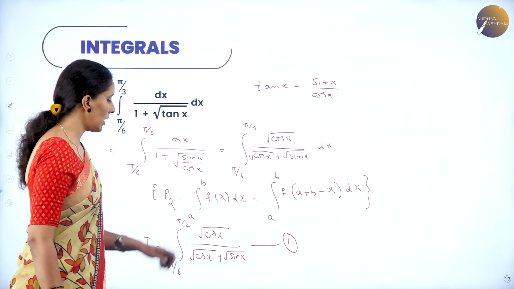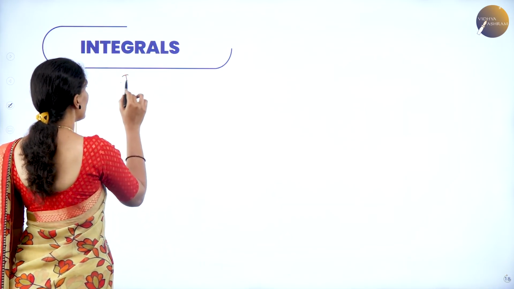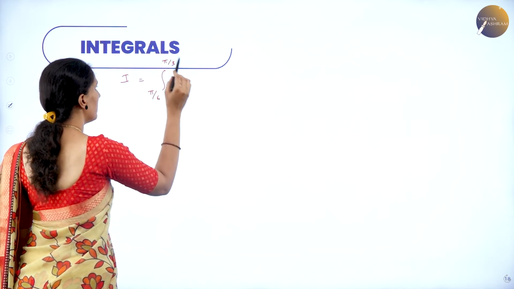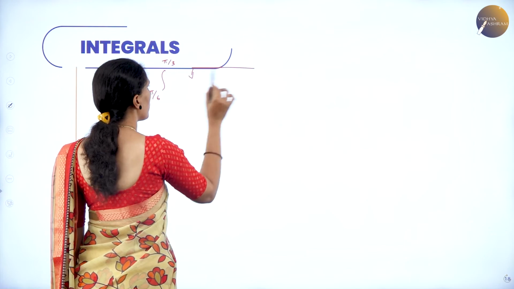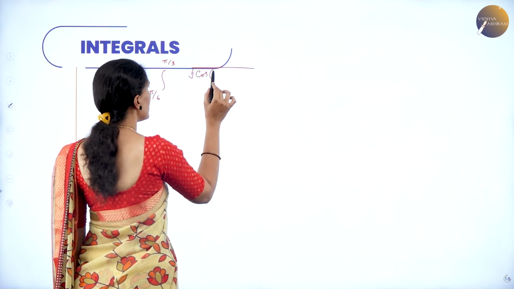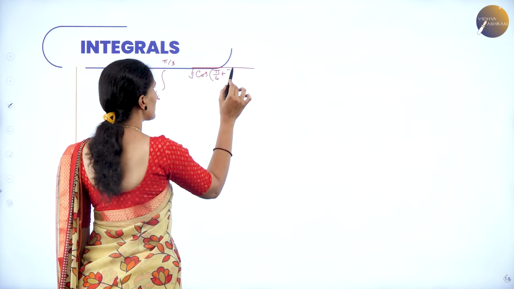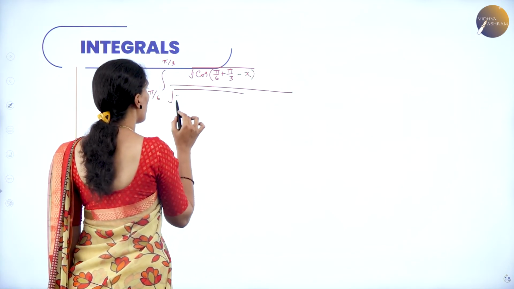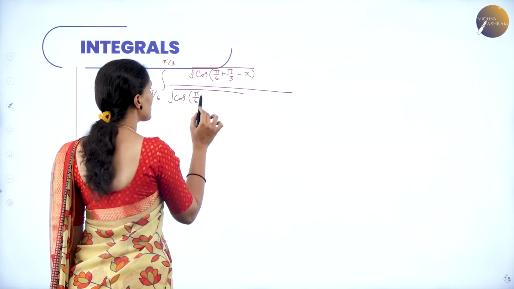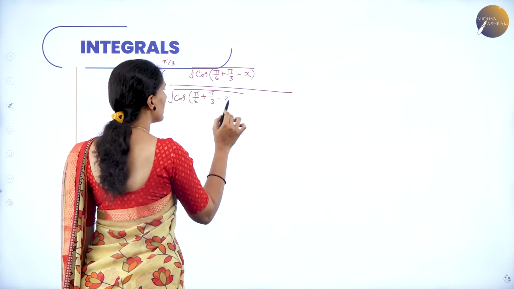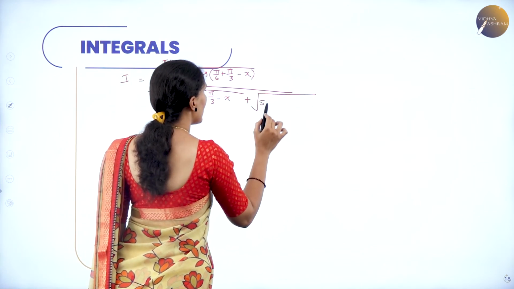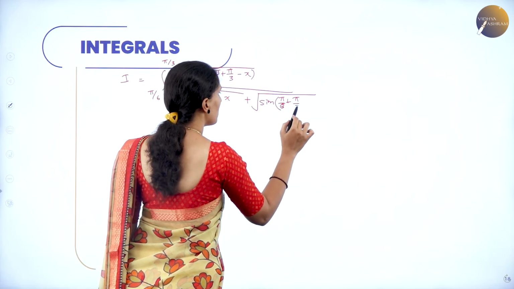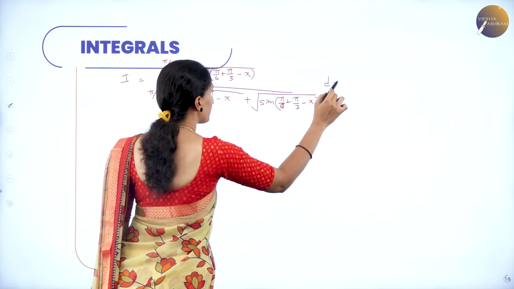Now, using property number 2, it becomes I is equal to the integral from pi by 6 to pi by 3 of root cos of (a plus b minus x), where a plus b is pi by 6 plus pi by 3 minus x, whole divided by root cos (pi by 6 plus pi by 3 minus x) plus root sin (pi by 6 plus pi by 3 minus x) dx.